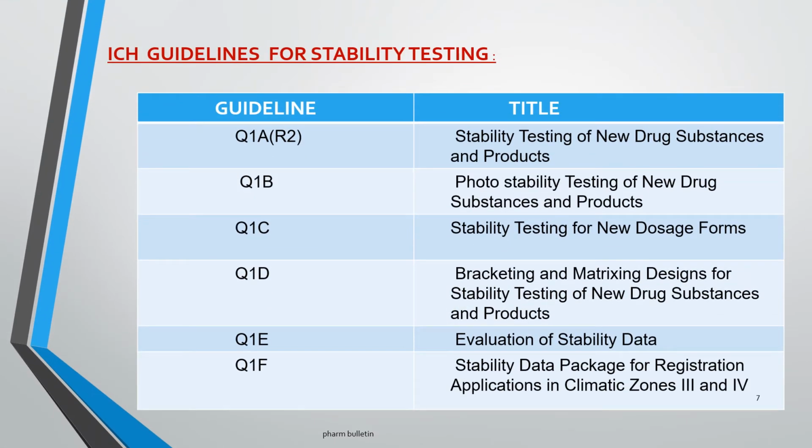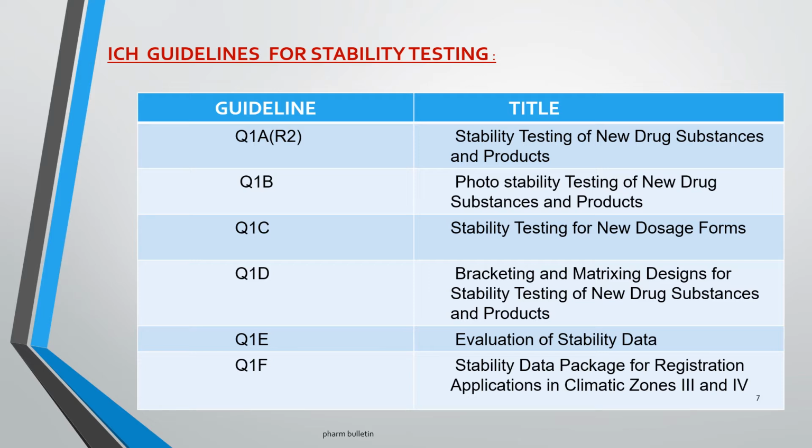Then stability testing according to the ICH guidelines. The guidelines are Q1A(R2), Q1B, Q1C, Q1D, Q1E and Q1F.